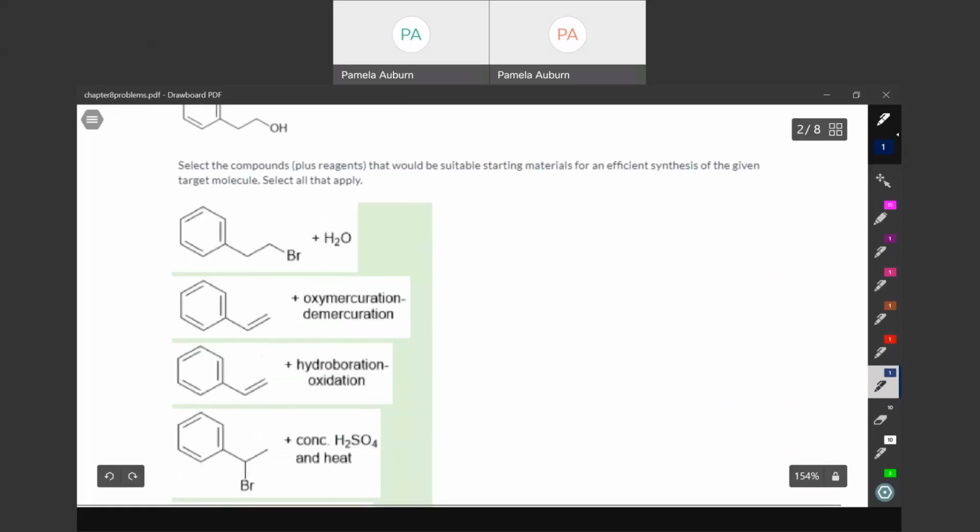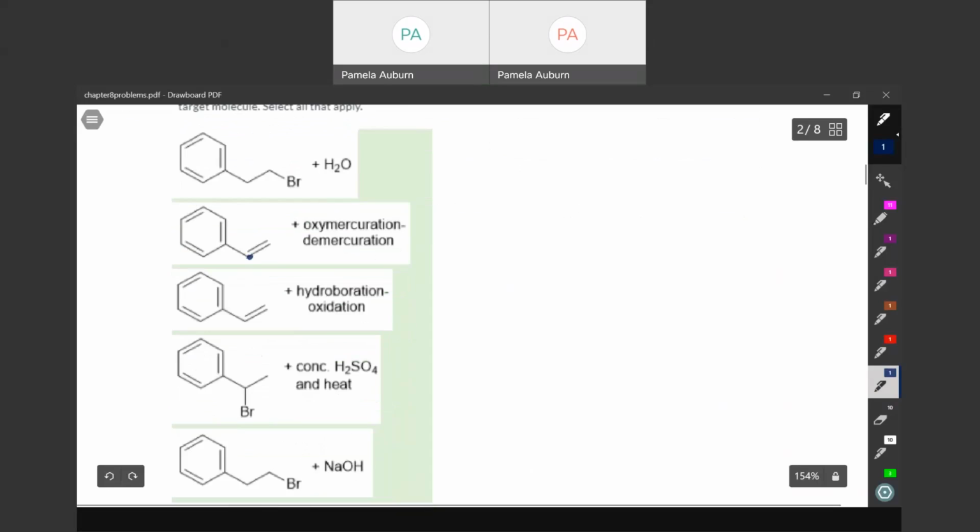In the second case, where I do oxymercuration, demercuration, that is going to get me an alcohol, but the alcohol will be off of that carbon, so that's not going to work. Hydroboration will work, so that would be okay.